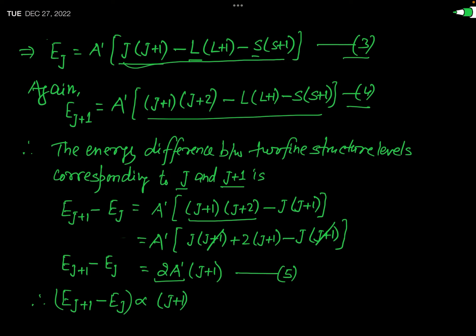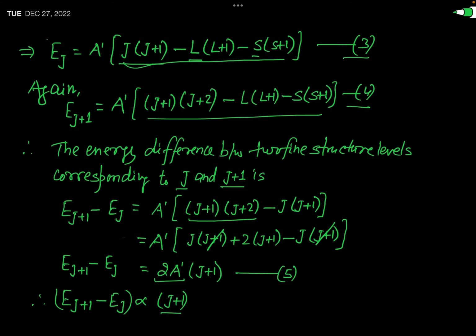So you can see that the energy interval or the energy spacing between the consecutive levels J and J plus 1 of a fine structure multiplet is just proportional to J plus 1.